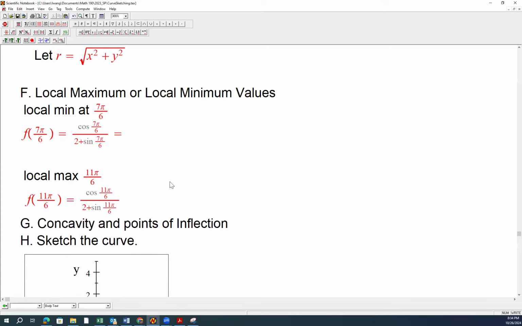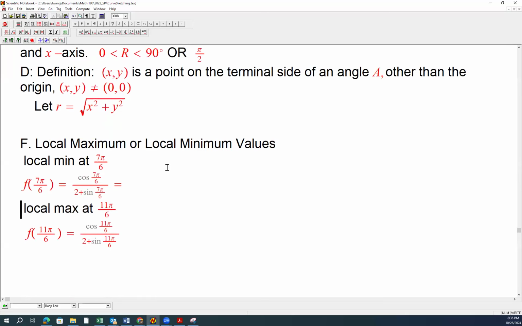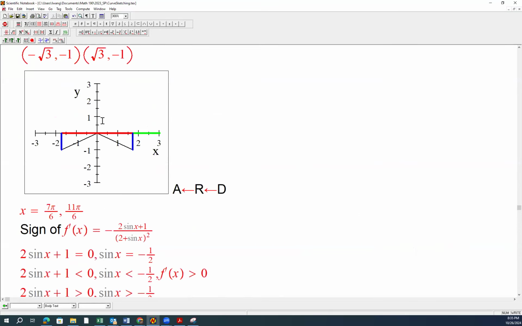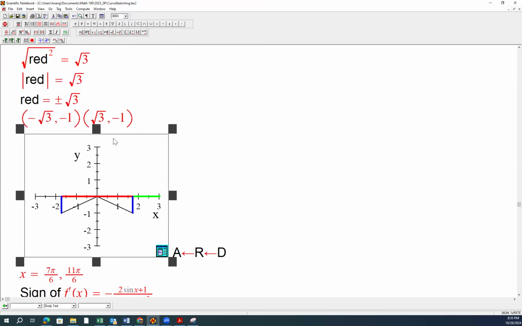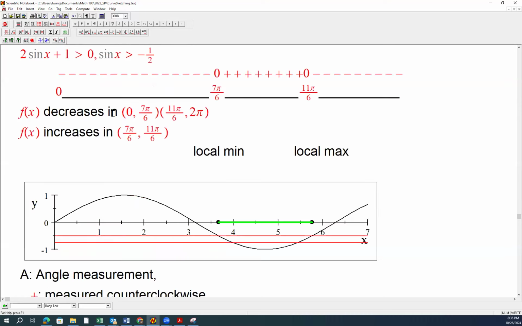All we have to do to determine local max and local min is determine what cosine 7 pi over 6 is and what sine 7 pi over 6 is. We just did the work on this piece, and we got those numbers. So I'm going to bring this over. So now this time it's going to be ARD.